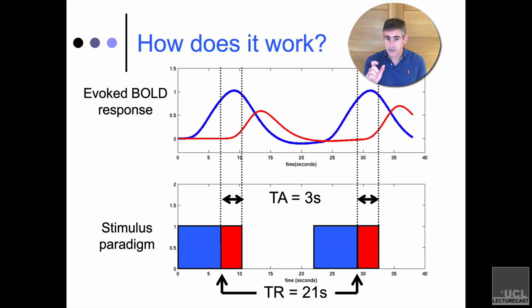So in this case, we're still doing a 3-second sample of the whole brain, and that's the acquisition time. And normally the acquisition and the repetition time are the same because normally you just immediately repeat them. In a sparse sampling paradigm, you don't, right? What happens is you acquire that one volume, then you wait 21 seconds until you acquire the next one.